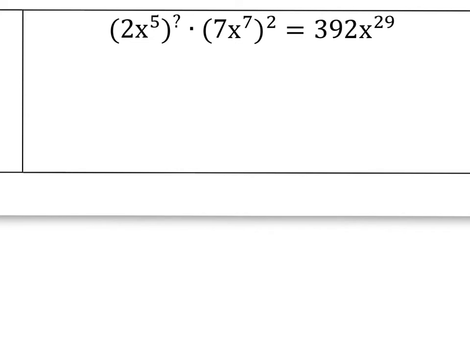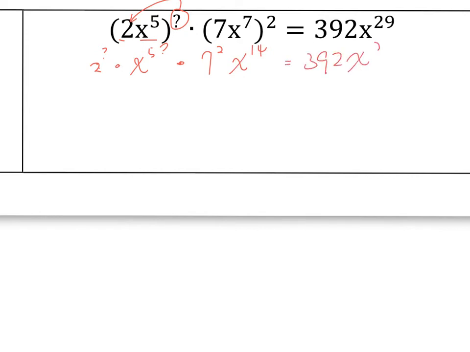Okay, and this next one here, again, I'm going to share the question mark with each factor here. So 2 to the question mark times x to the 5 question mark times 7 squared times x to the 14th power, 392.